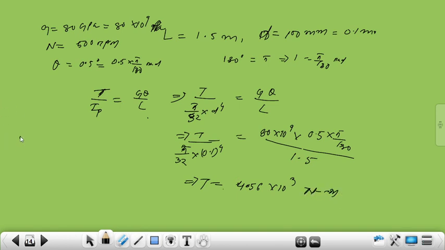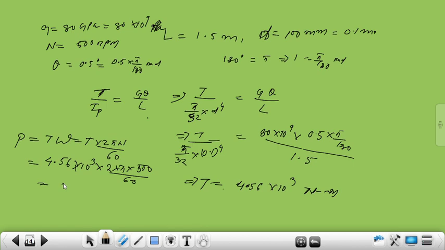So we have to find power, which is equal to T into omega, where omega is equal to 2 pi n divided by 60. Given torque is 4.56 into 10 to the power 3, into 2 pi, and n given is 500, divided by 60.